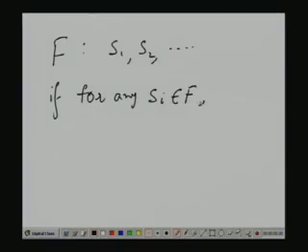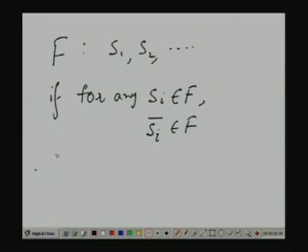So, each set is an element of this class. If Si is in F, we should have Si bar also a member of F. That is, if a set belongs to this field, then its complement also must belong to the field, number 1.